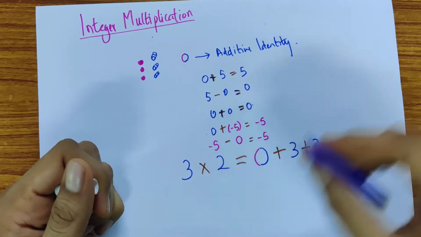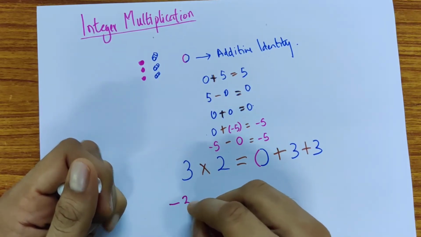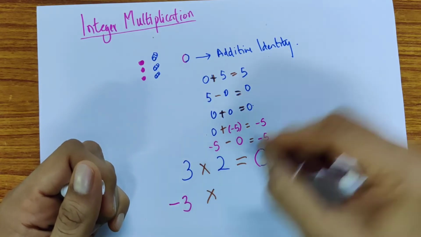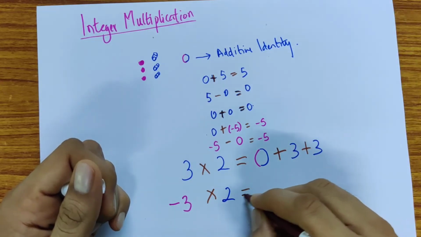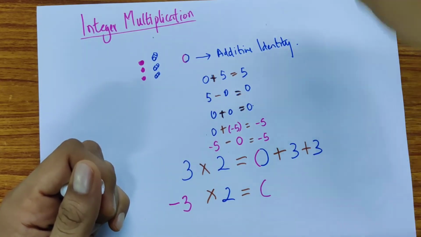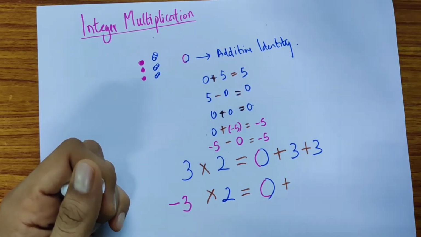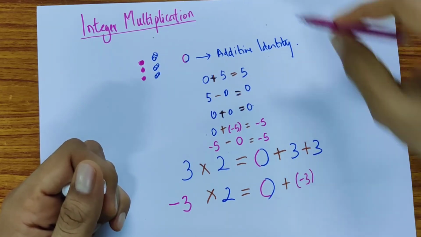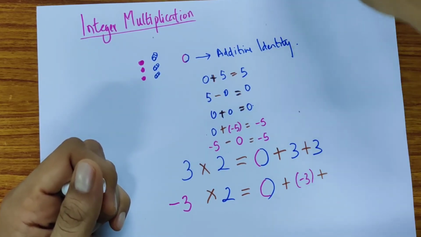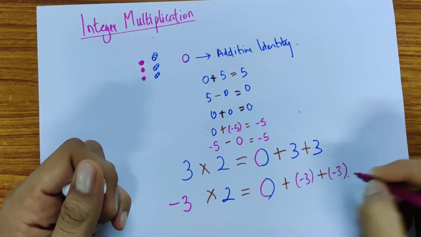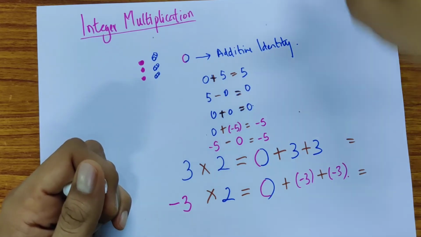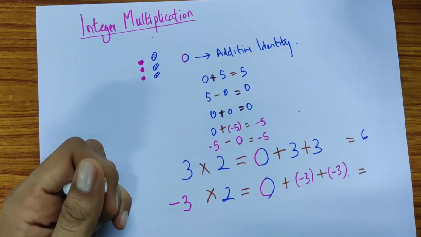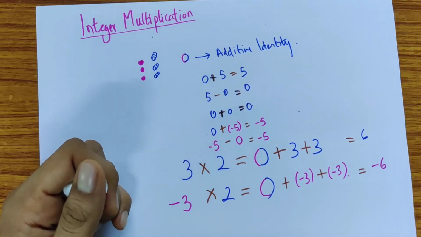So if you had, let's say, negative 3 times 2, that's also, you start with 0 and you add negative 3 2 times. So the first one gave you 6 and the second one gave you negative 6.